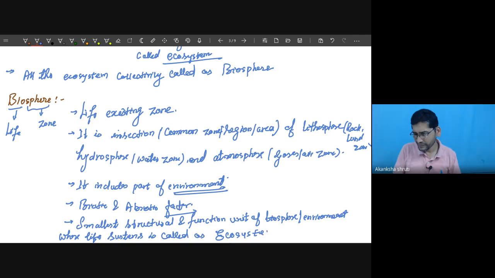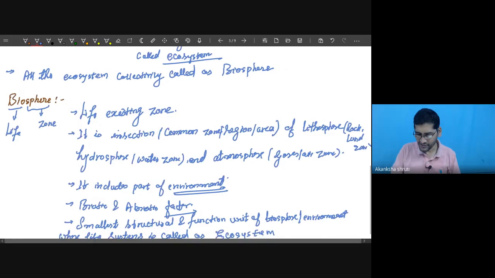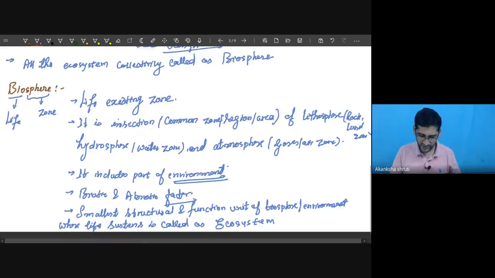Ecosystem. So ecosystem is the part of this biosphere.